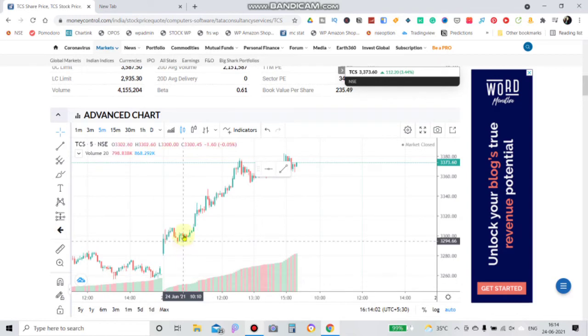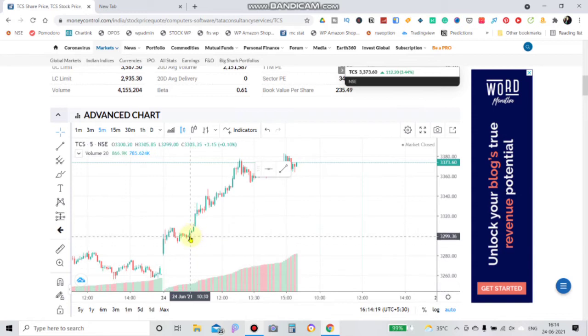So again here also it is going up. So the market is favoring the bullish side. Okay, there is more volume. The volume has been increasing during the green candles.